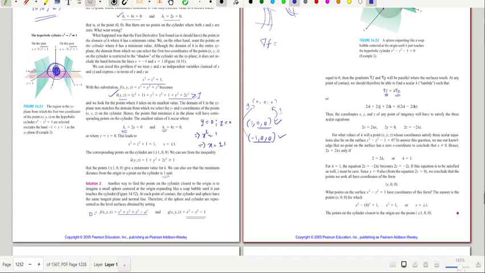This del f is defined to be dou f by dou x, dou f by dou y, and dou f by dou z, the partial derivatives of f with respect to x, y, and z, and del g gives the partial derivatives of g with respect to x, y, and z.